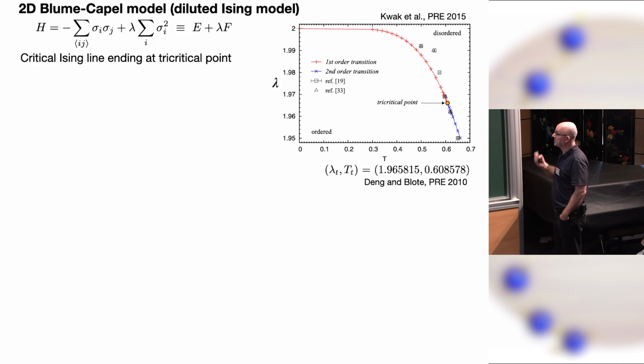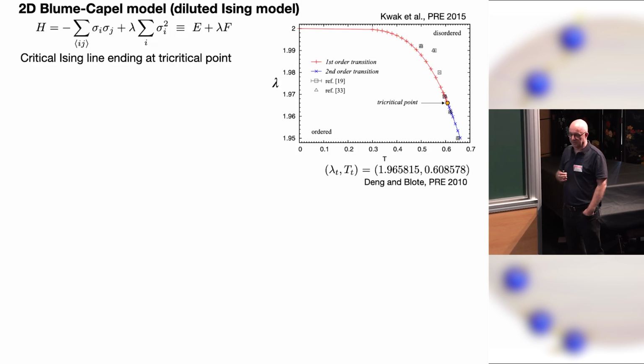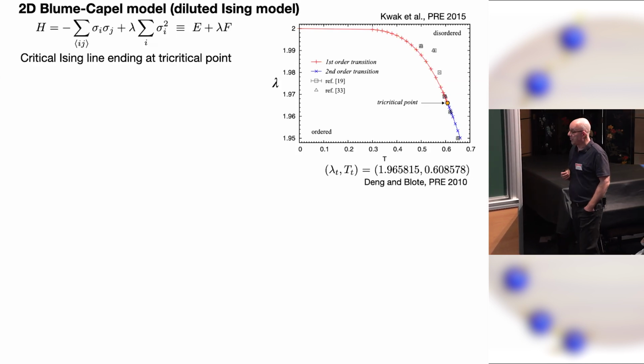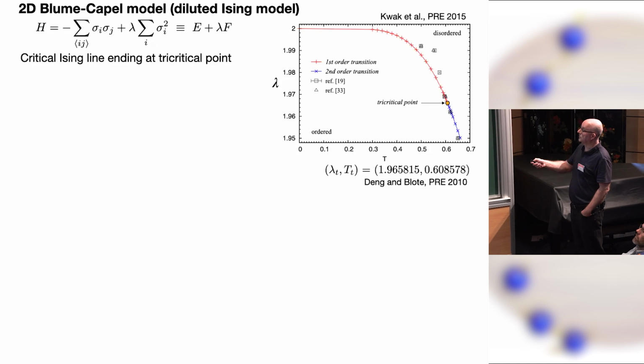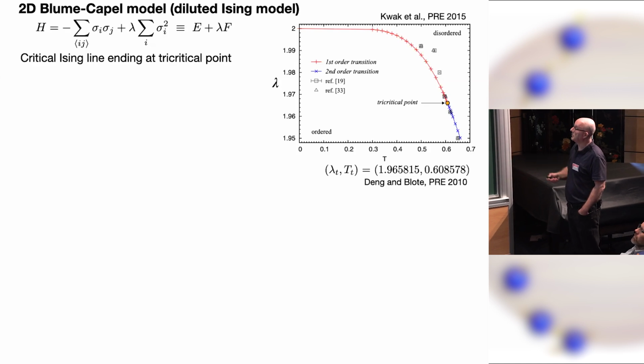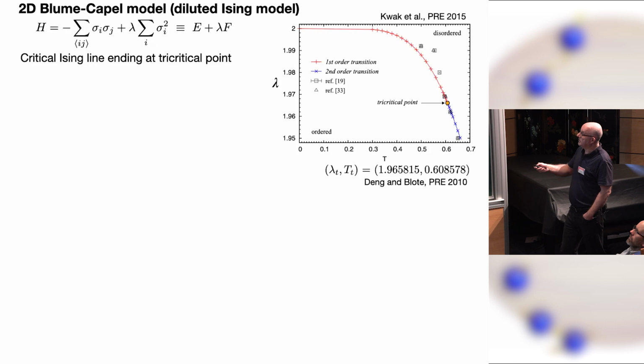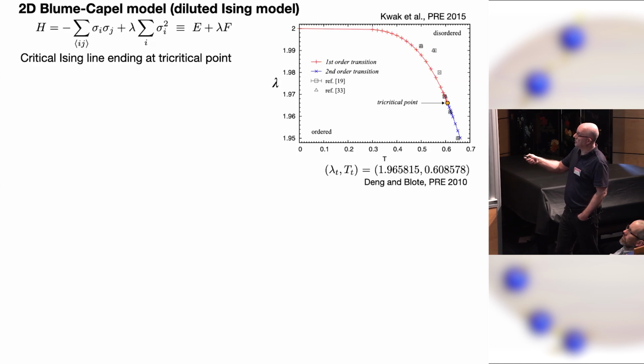So this model has been studied a lot, and the reason why it's interesting is that it has a tricritical point. So I took this phase diagram from this paper here. You see here is the tricritical point at temperature about 0.61 and lambda around 1.97.